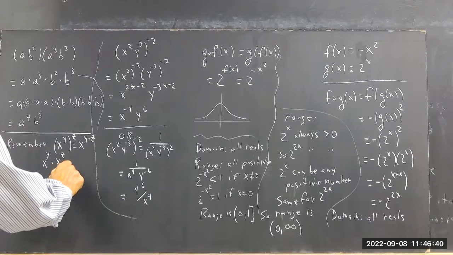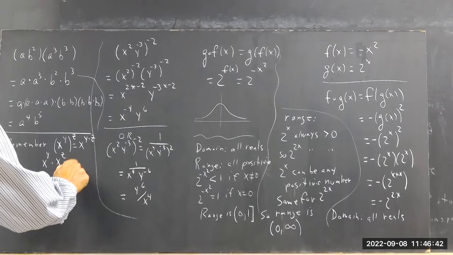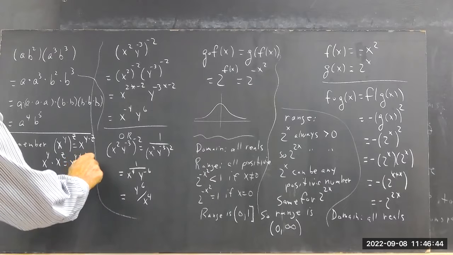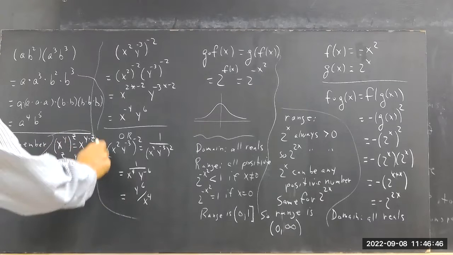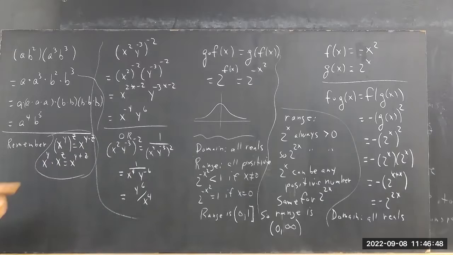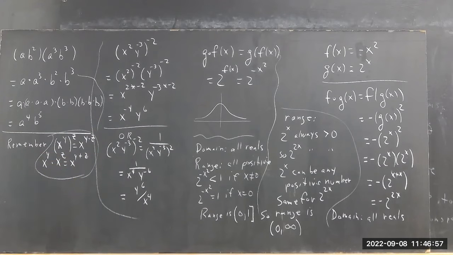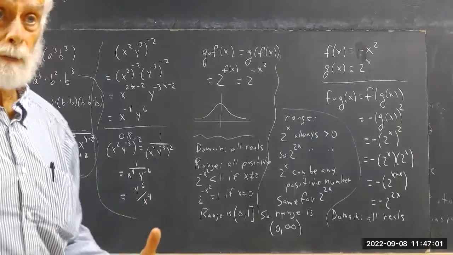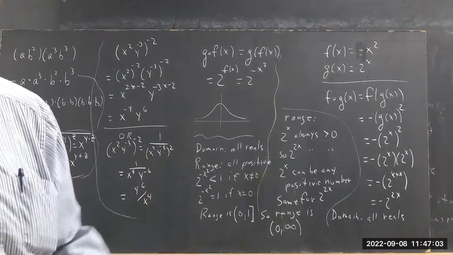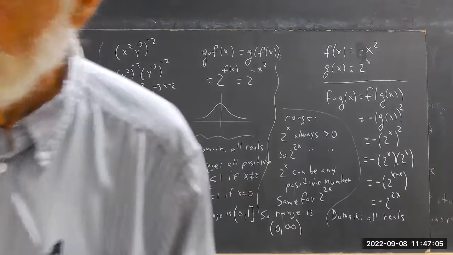X to the y times x to the z is x to the y plus z. I don't want you to just memorize these formulas, but you also want to make sure you understand why they work in terms of simple examples. Don't confuse them because they're really easy to confuse. We spent a lot of time last time explaining that, so you can always look back at that part of the video.